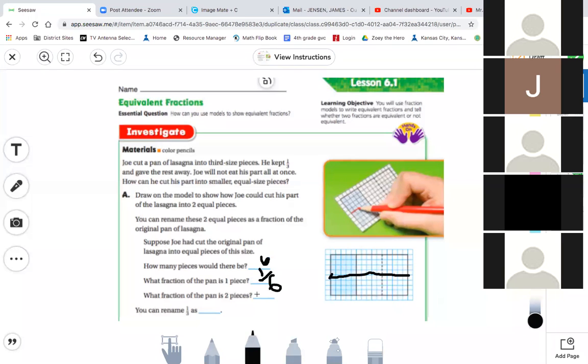And then 2 parts is 2/6. And then the last part is 1/3, can be renamed as 2/6. They're equivalent, right? And I want to show you guys this. So pay attention. So we got 1/3, and it's equivalent to 2/6.